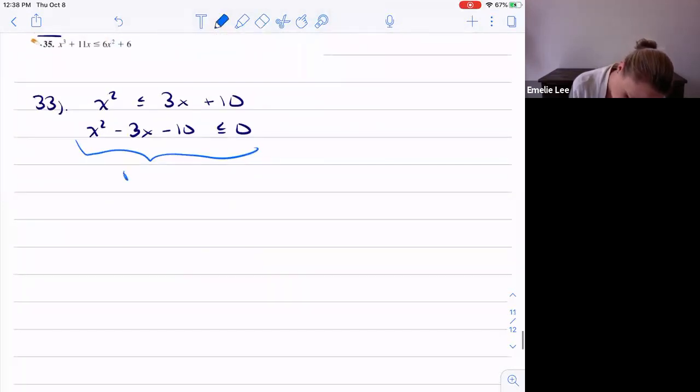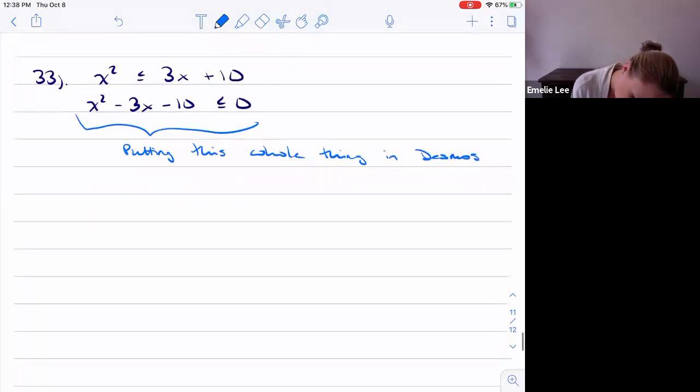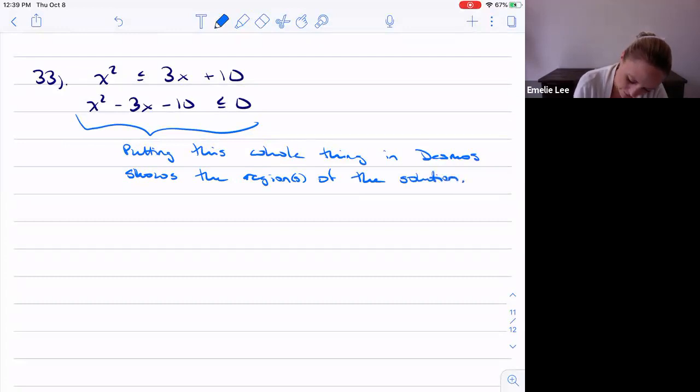Putting this whole thing in Desmos shows the regions potentially of the solution, right?